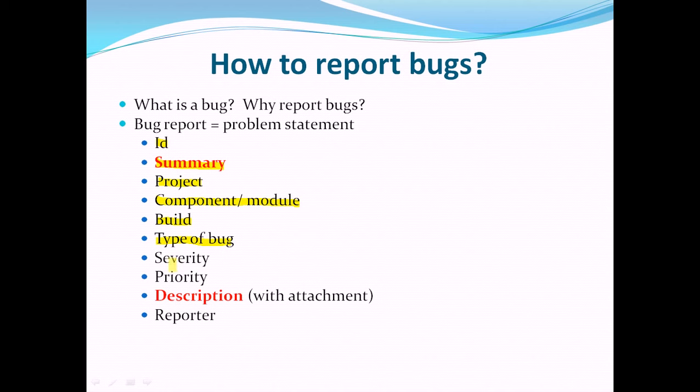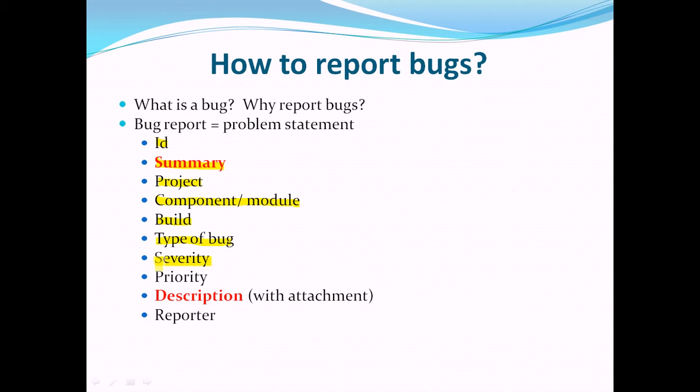An important field of the bug report is the severity. Now severity is the objective severity, the scope of the problem or the size of the problem. So severity can range from showstopper to minor.